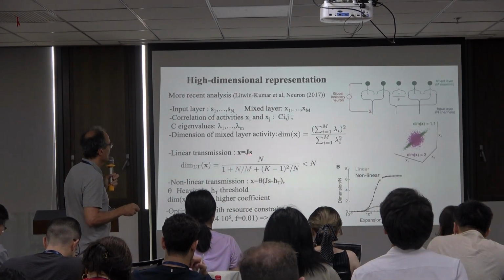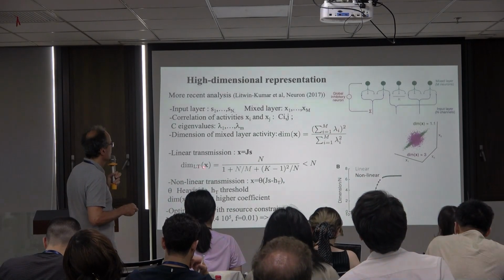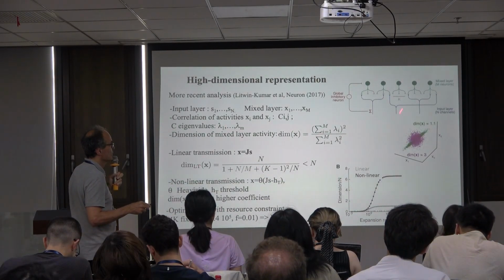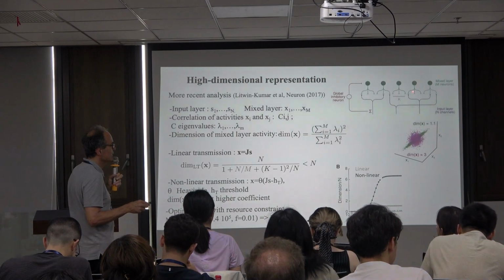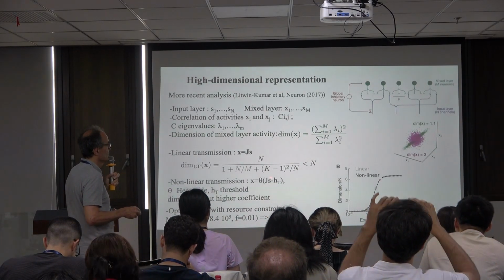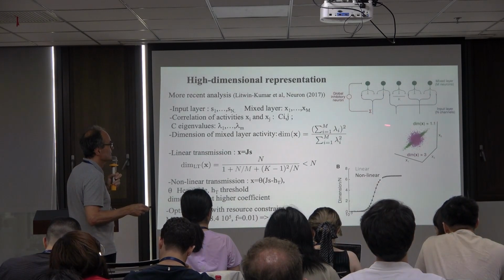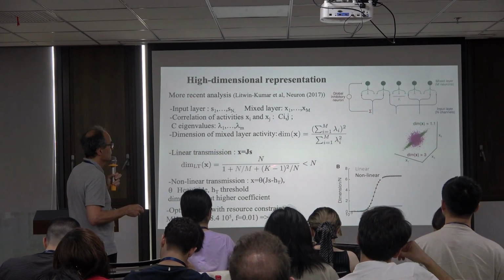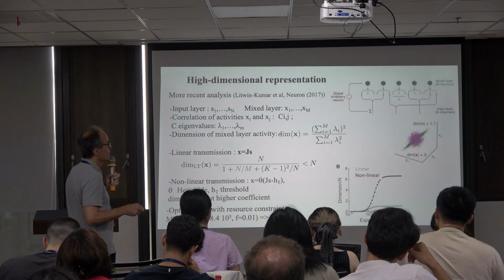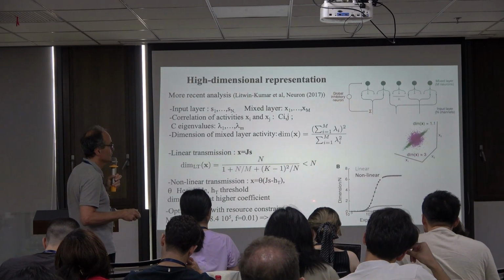You can compute that, and what you find actually is that the dimension of activity in this layer is not bigger than the dimension here. The dimension itself is exactly the same. It's even lower than the dimension in the first layer.